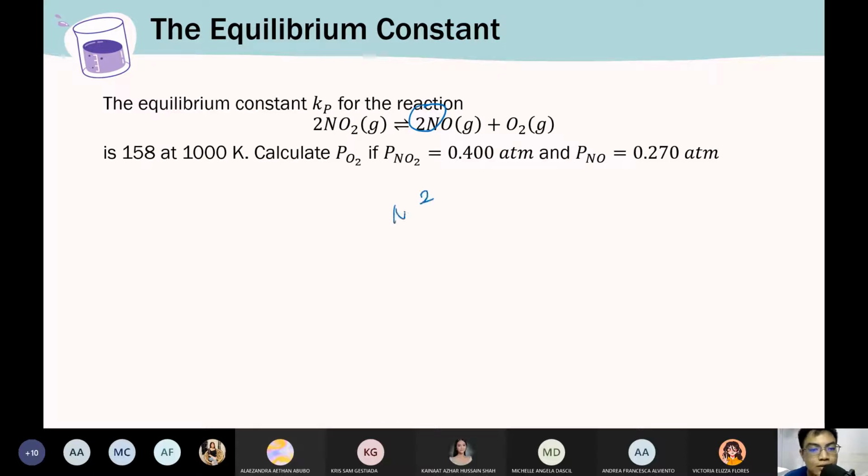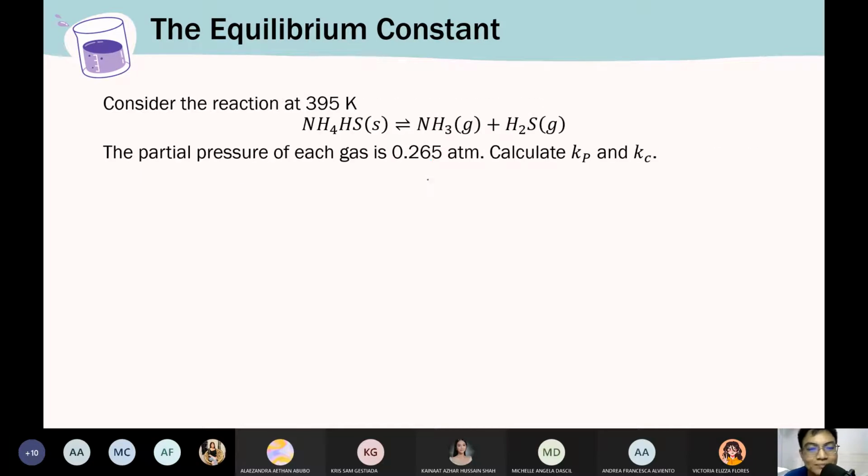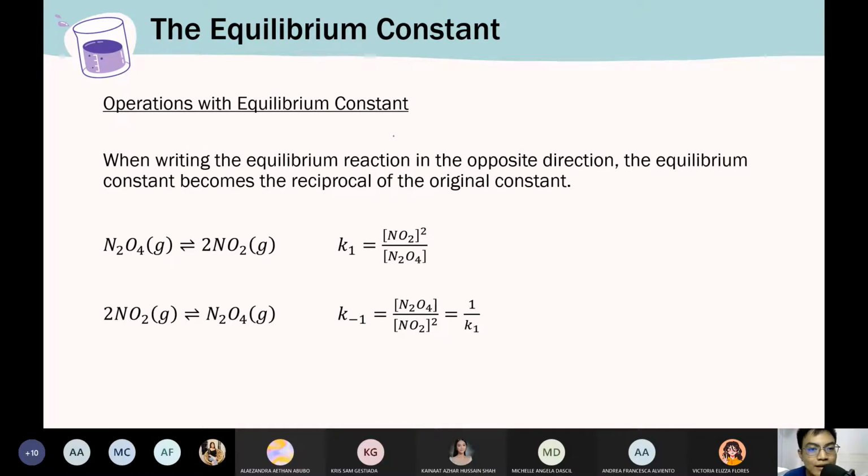Diba dapat naka-square siya, so I forgot the square. Kindly rewrite your solution na lang for that. And then the K can be operated with, ibig sabihin, we can do some algebraic manipulation to it, and that will have an effect on your equation.